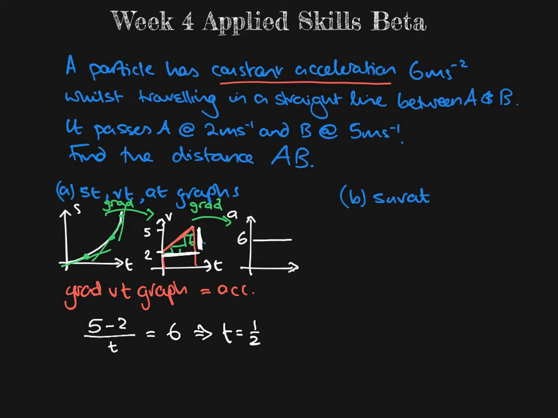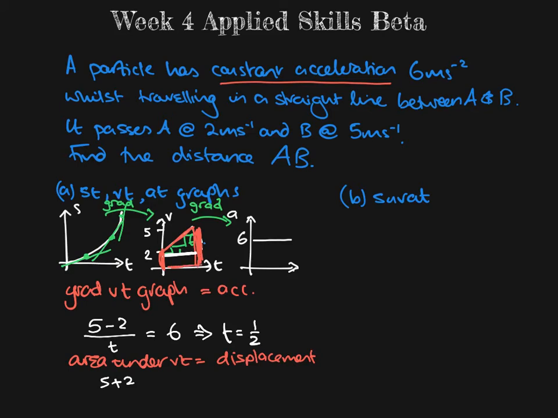Okay, next fact I'm going to use is that the area under the VT graph is equal to the displacement. And I know the formula for the area of a trapezium. It is these two parallel sides added up, so that's going to be 5 add 2, and then multiplied by half the distance between them.